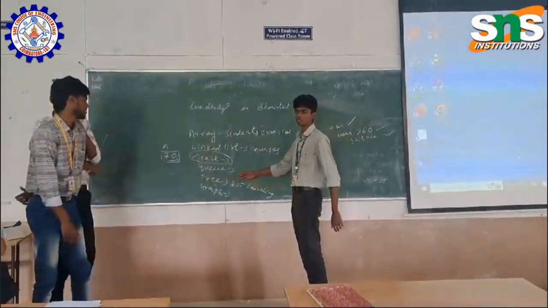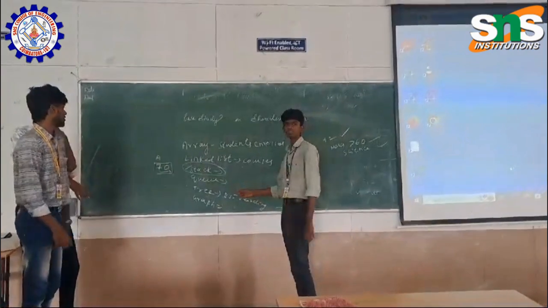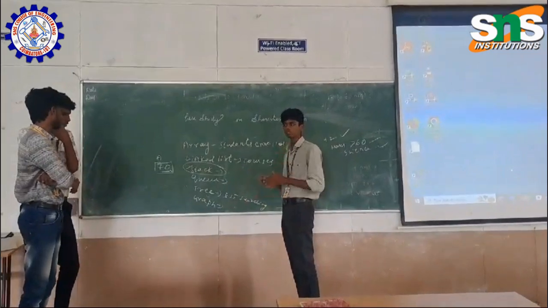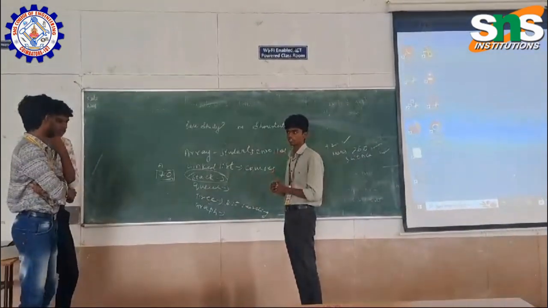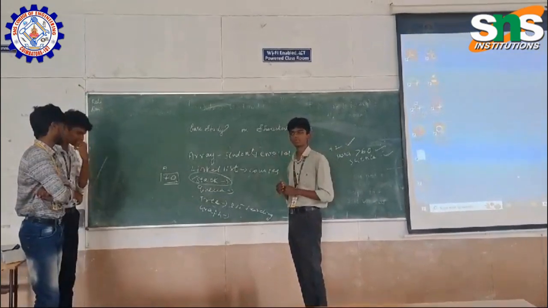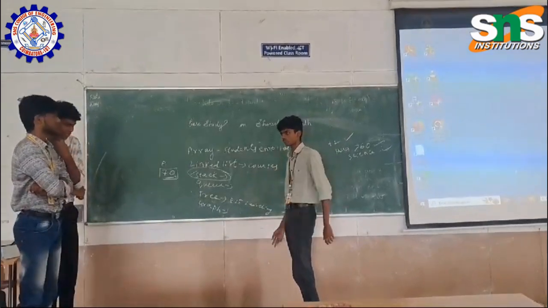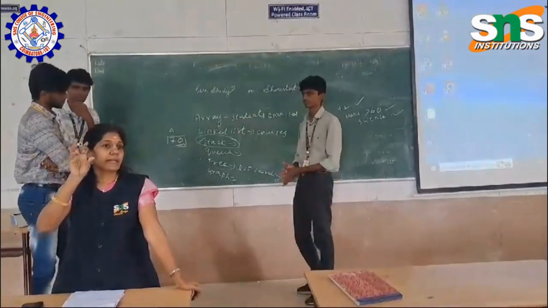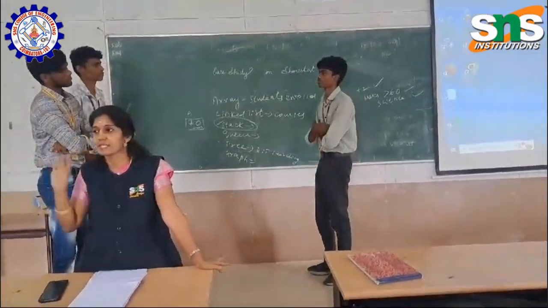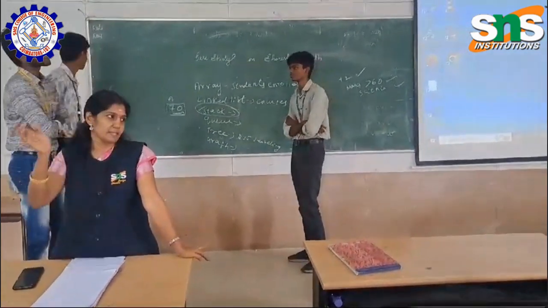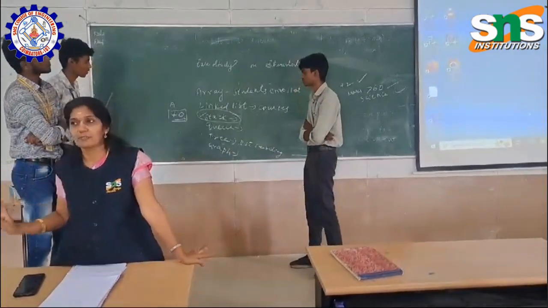Next is queue, which follows first come, first served. For example, if there are 10 books for a particular subject, let's say data structures and algorithm, the 10 books have been distributed to the students and the faculty.